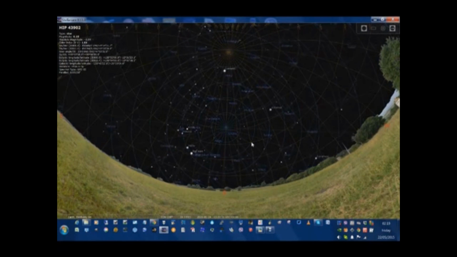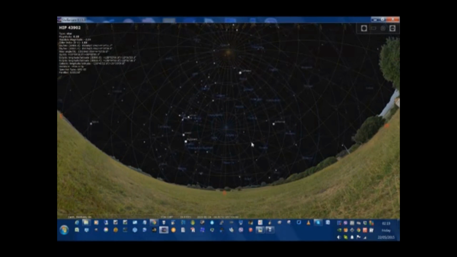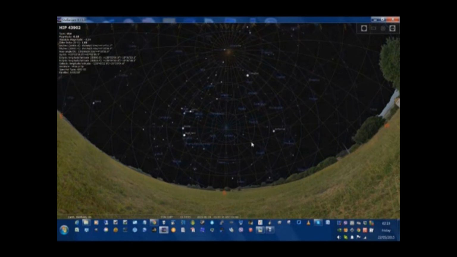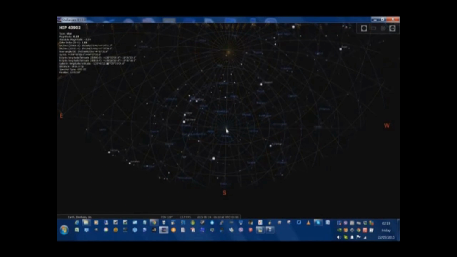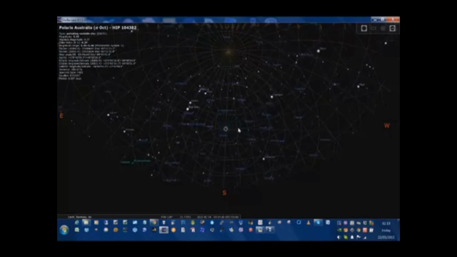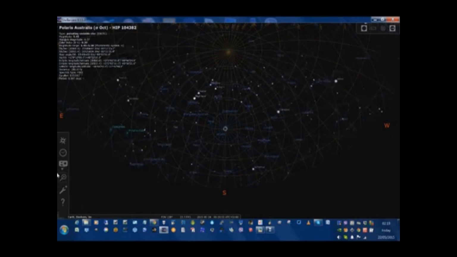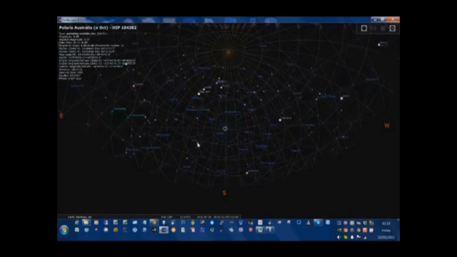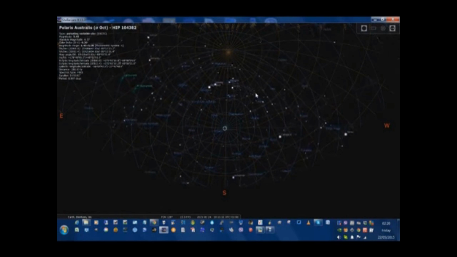We see the stars rotating clockwise. I'm facing south, and they're rotating clockwise around the pole there. Okay. So that matches up with what we would expect to see. A clockwise rotation as opposed to an anti-clockwise rotation, which you see in the northern hemisphere.